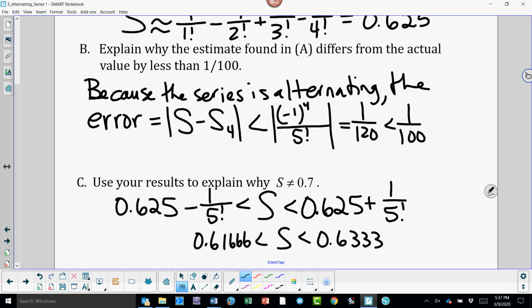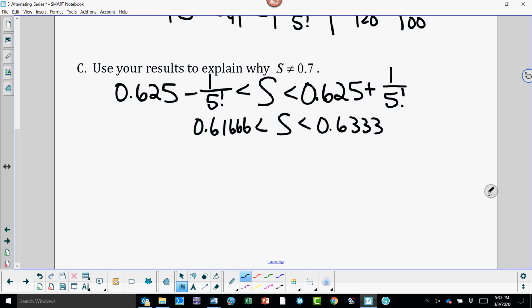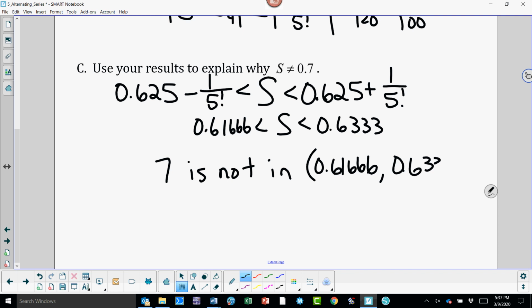Therefore, the sum cannot be 0.7. 0.7 is not in the interval 0.61666 to 0.6333. So I know that the real sum is somewhere between those two things. That's how we use error, and we'll learn other kinds of error later.